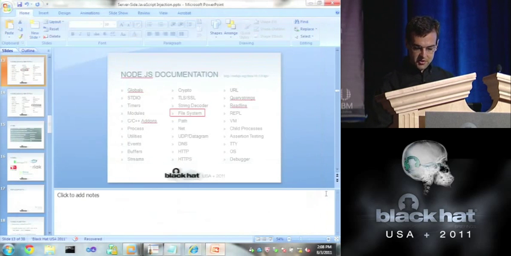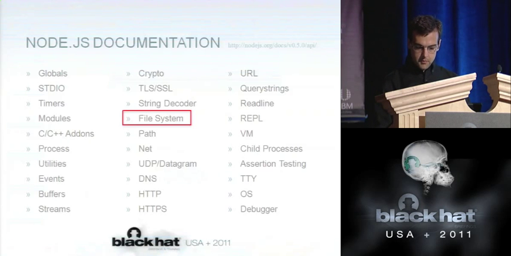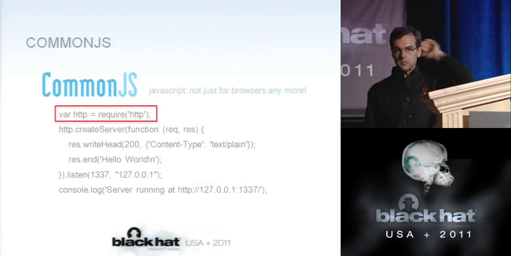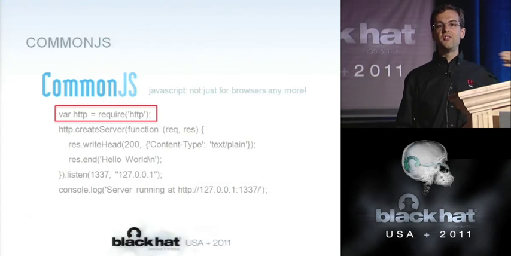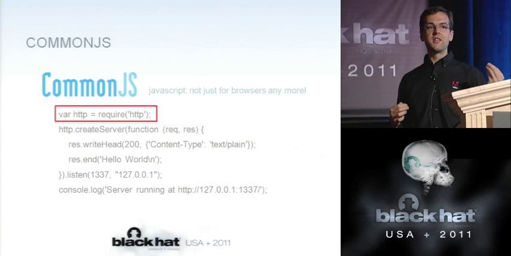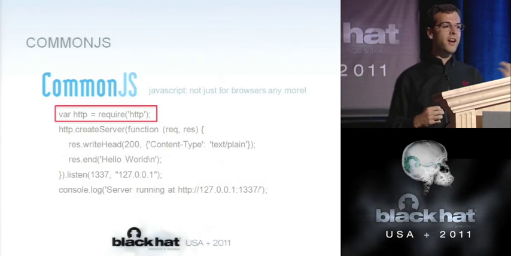Let me go back to the slides for a second. The code that I have for this Node module does not actually use the file system module. You have to require FS in order to be able to access the file system. And I haven't done that.